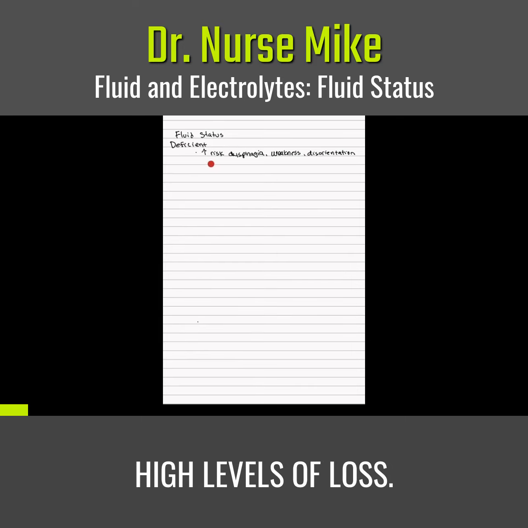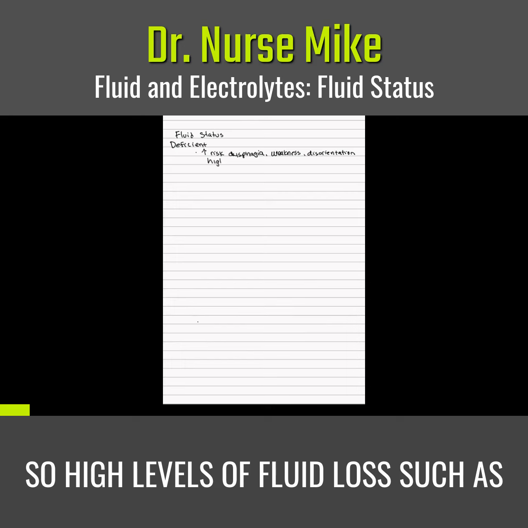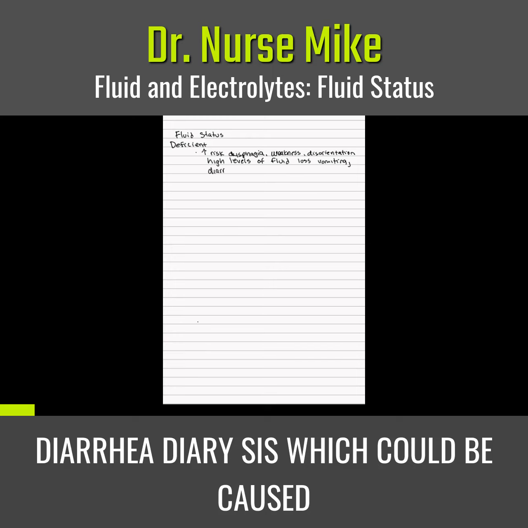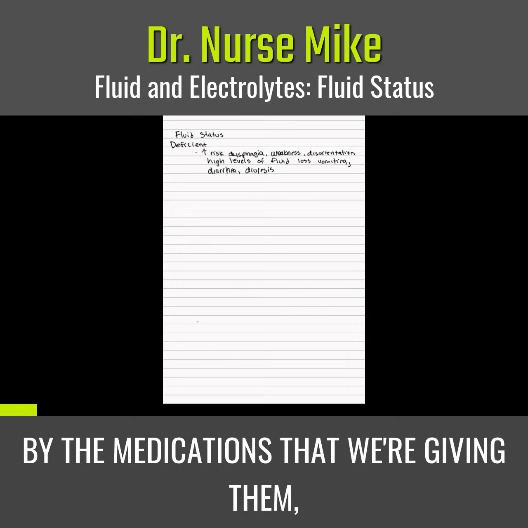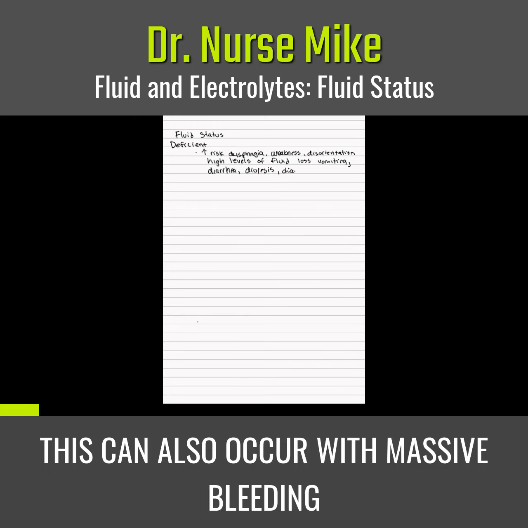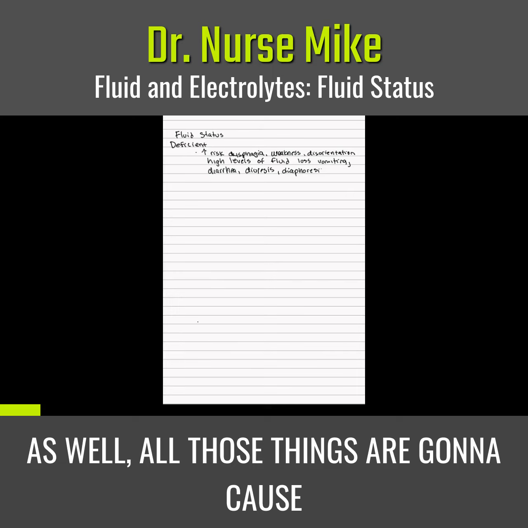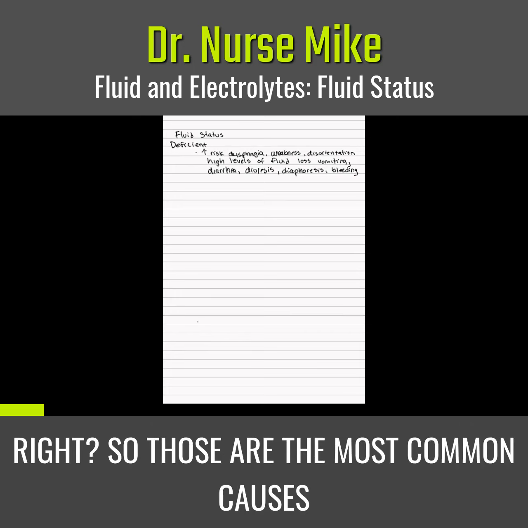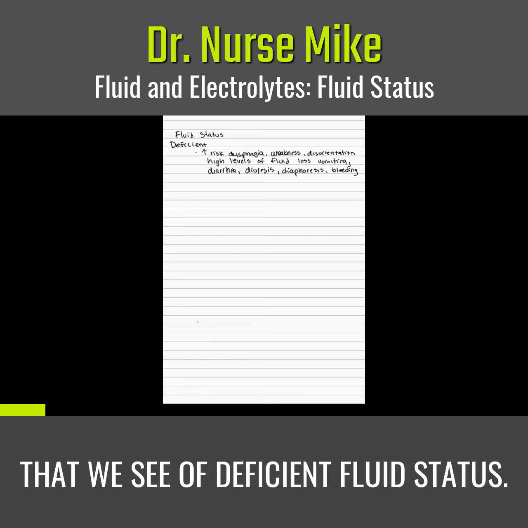Any high levels of fluid loss, such as vomiting, diarrhea, diuresis, which could be caused by the medications that we're giving them causing too much urine output, or diaphoresis. This can also occur with massive bleeding as well. All those things are going to cause fluid to leave the body, right? So those are the most common causes that we see of deficient fluid status.